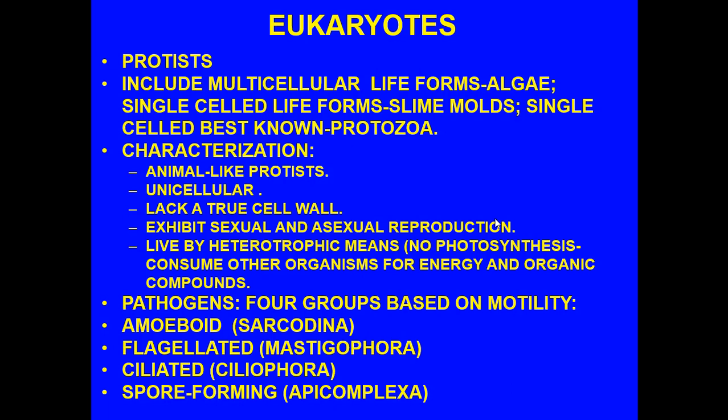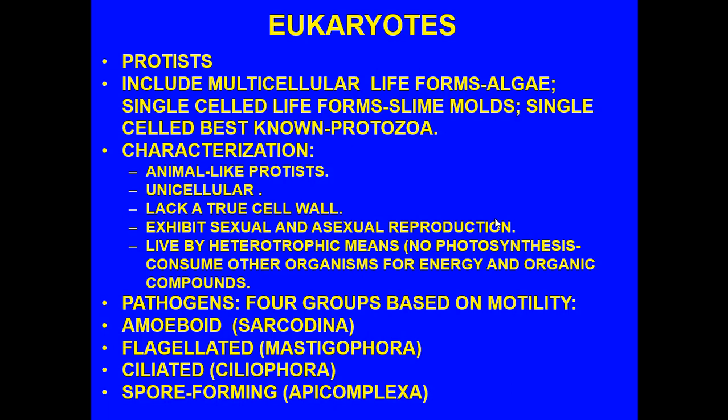They're going to consume other organisms for energy and organic compounds. This is important. And they're not saprophytic, so it means that they're actually infecting or consuming live organisms or live organism tissue.